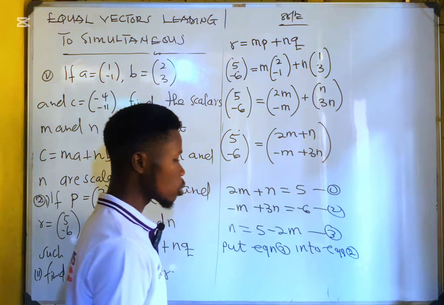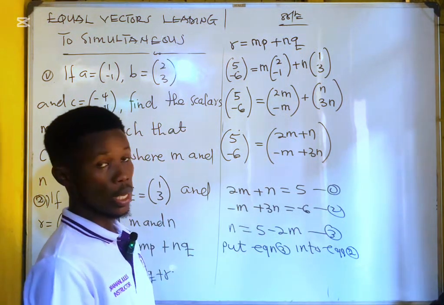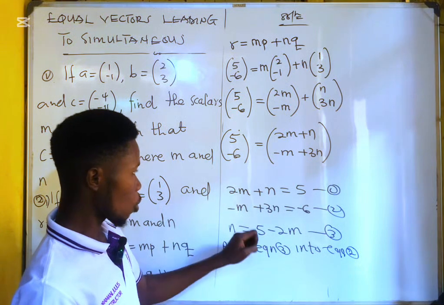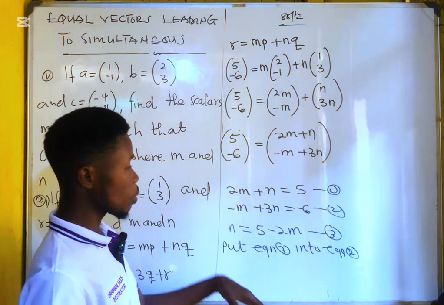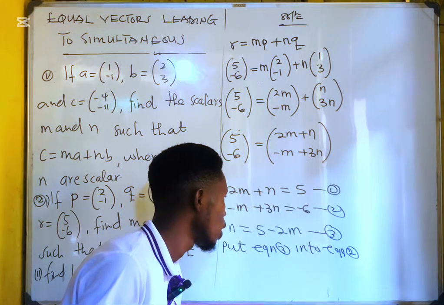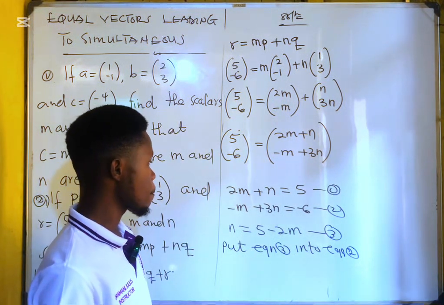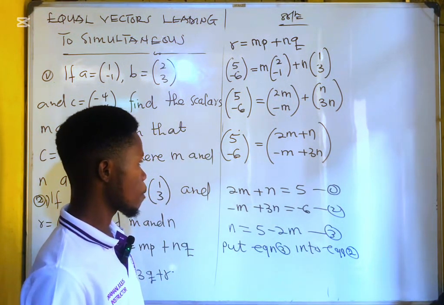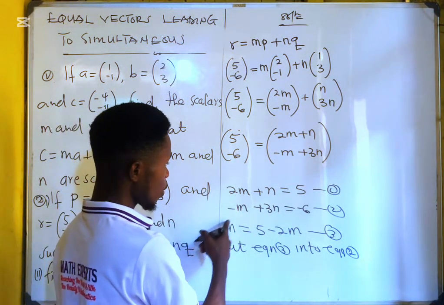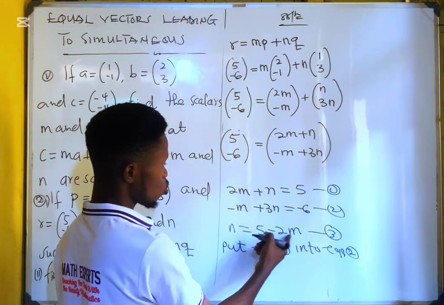In fact, you cannot put equation 3 into equation 1 again because equation 3 was made from equation 1. So you can't put it back there again. Okay, so let's put it here. Whenever I see n, I'll put 5 minus 2m there.